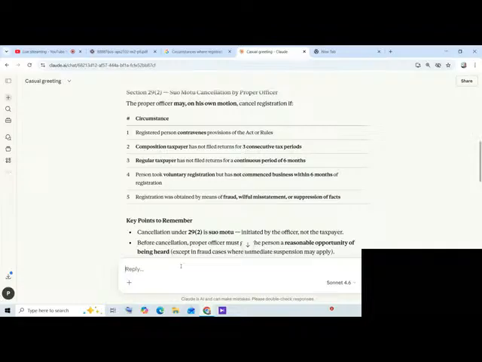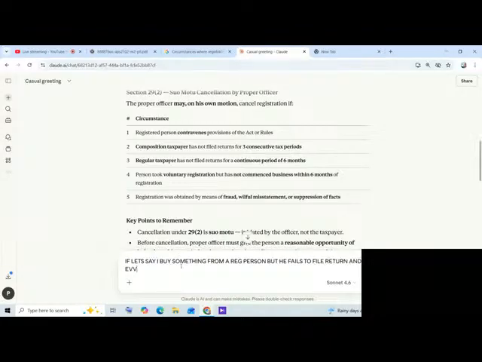I have a question here. If let's say I buy something from a registered person, but he fails to file returns, and eventually his registration gets cancelled, do I get ITC?